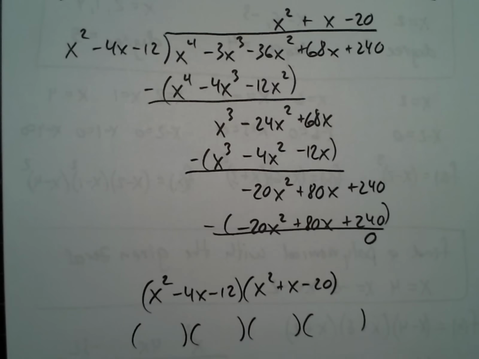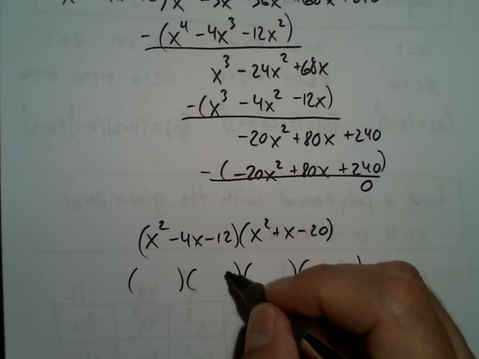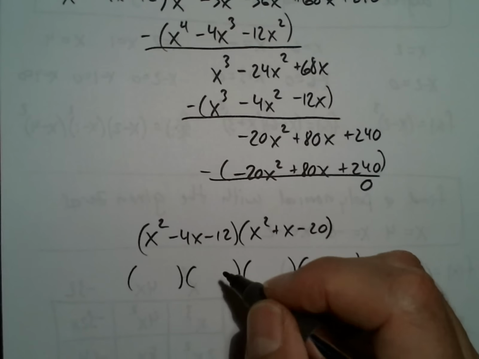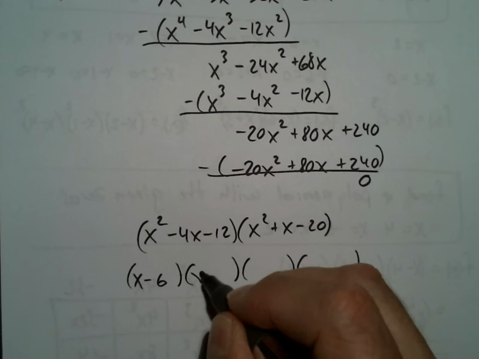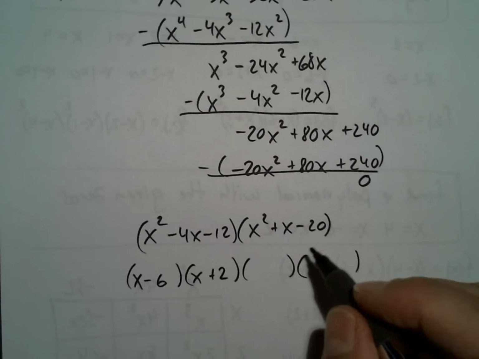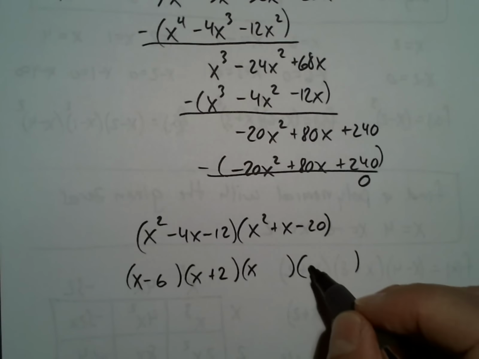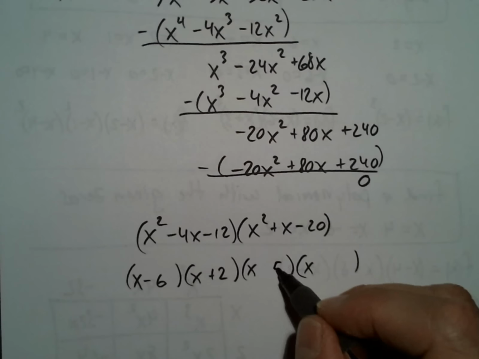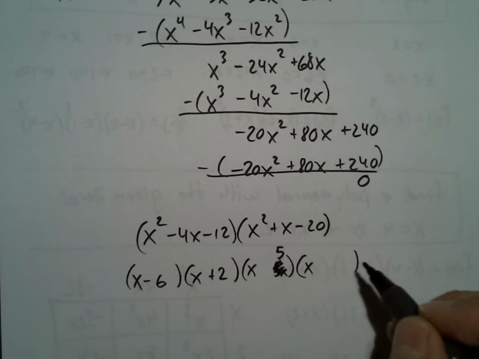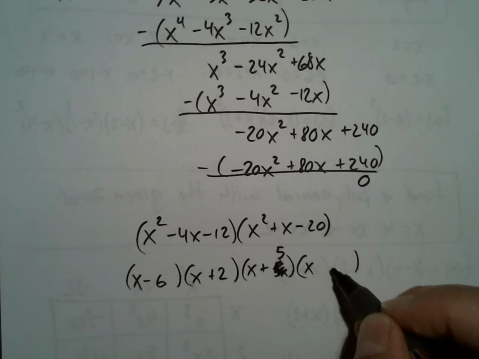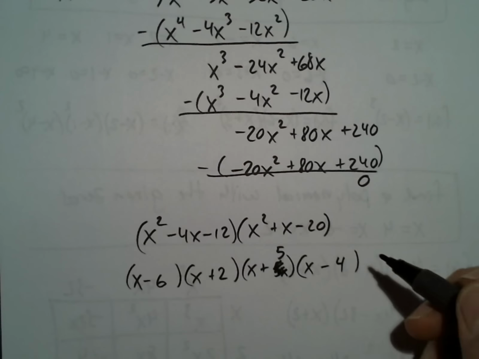So we have to multiply to get negative 12 and add to get negative 4. And over here, multiply to get negative 20, add to get 1, so it'll be a 5. That's just a 5. And this is a negative 4.